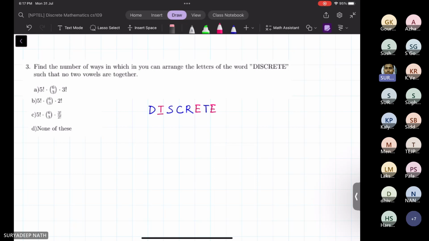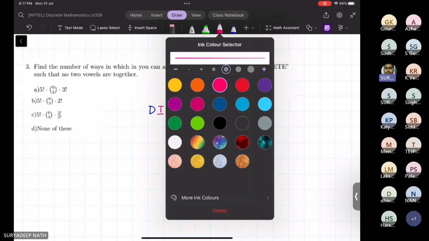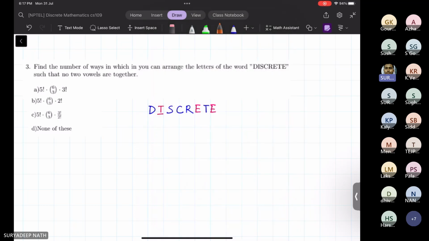So now we'll have to arrange the letters of the word in such a way that no two vowels are together. Let us first see what is a wrong arrangement. An arrangement such as DIESCRTE is wrong because I and E are together. We don't want such an arrangement. We'll have to place them such that no two vowels are together.